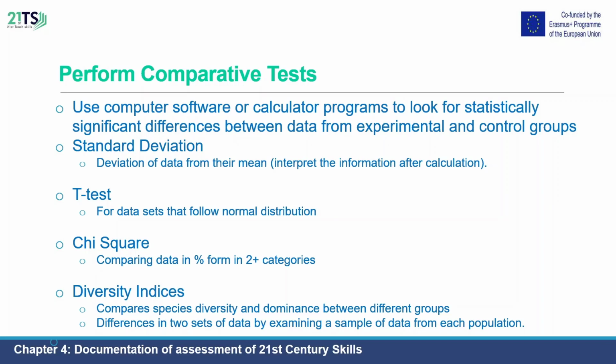Use t-tests for data sets that follow normal distributions. Use chi-squares for comparing data in percentage forms in two or more categories. Use diversity indices to compare species diversities and dominance between different groups.